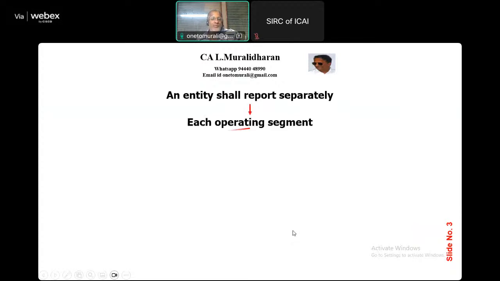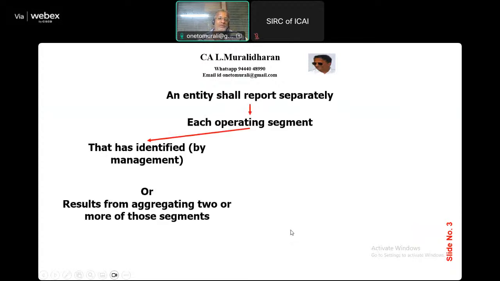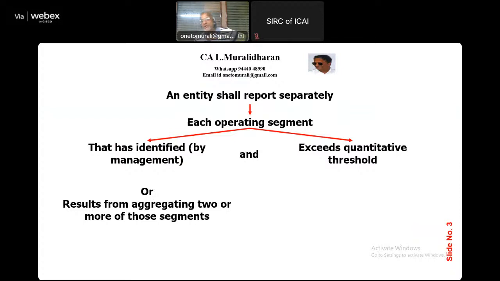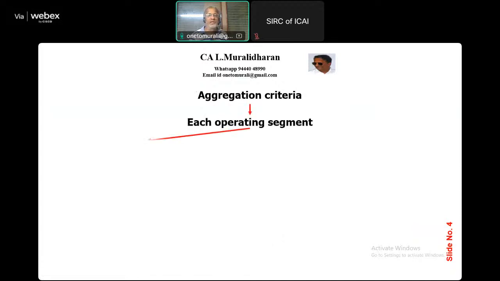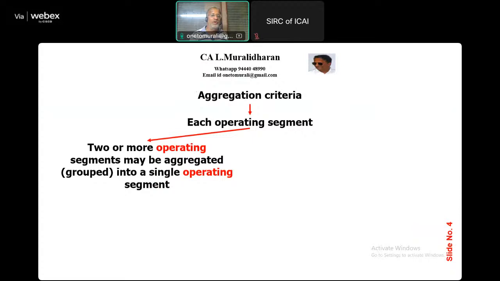An entity shall report separately each operating segment that is identified by the management or results from aggregating two or more other segments and exceeds the quantitative threshold. The quantitative threshold has as its basis revenue, result and assets. Aggregation criteria: two or more segments may be aggregated or grouped into a single operating segment.